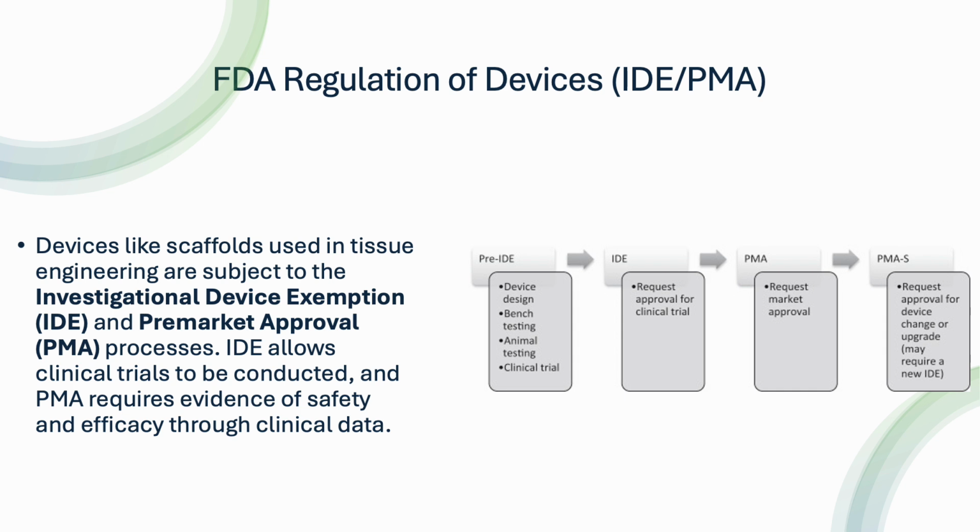Now, devices like scaffolds used in tissue engineering are subject to the investigational device exemption, as I already mentioned, and to the pre-market approval process. So the IDE allows clinical trials to be conducted, and PMA requires evidence of safety and efficacy through clinical data.